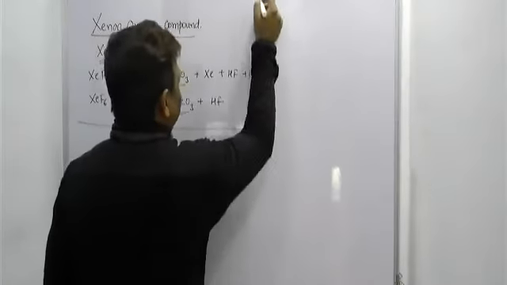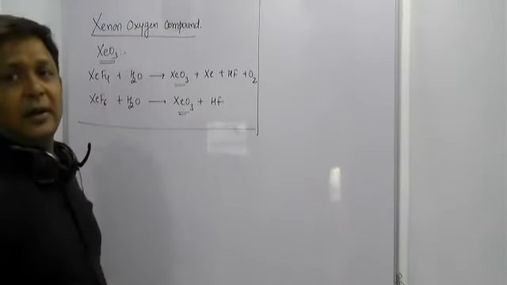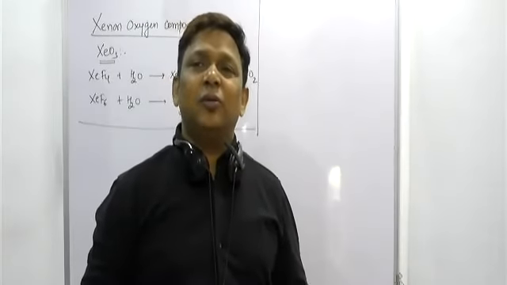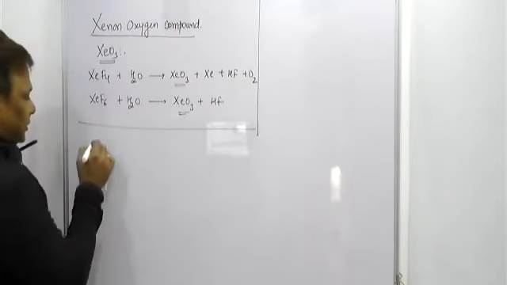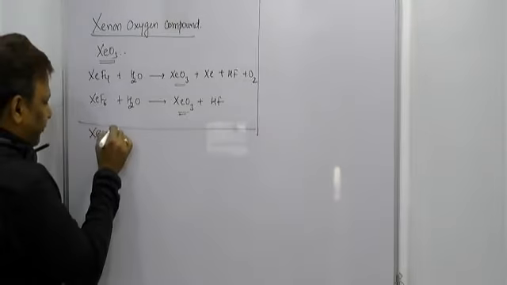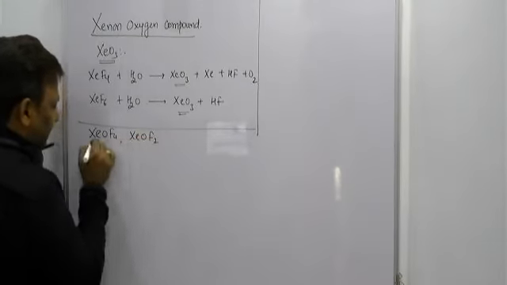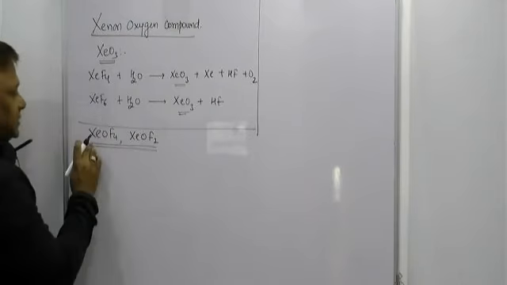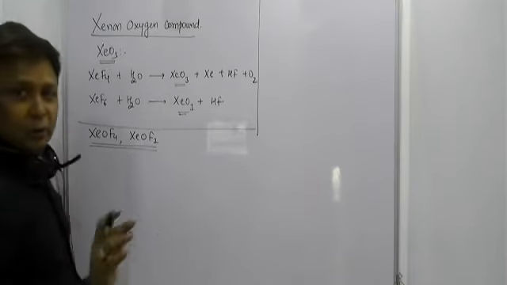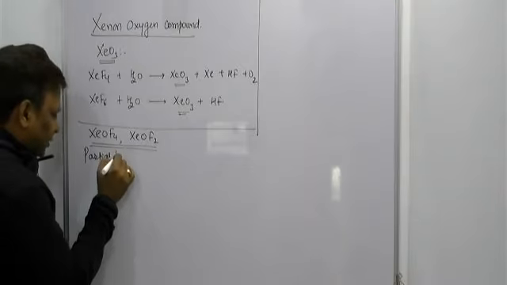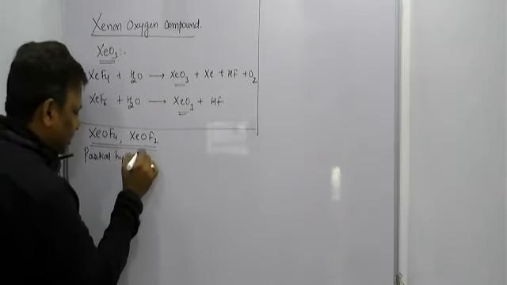But a second possibility is that it may also form the compounds XeOF4 and XeO2F2, right? These are compounds formed by xenon, oxygen and fluorine. What to do here, beta?